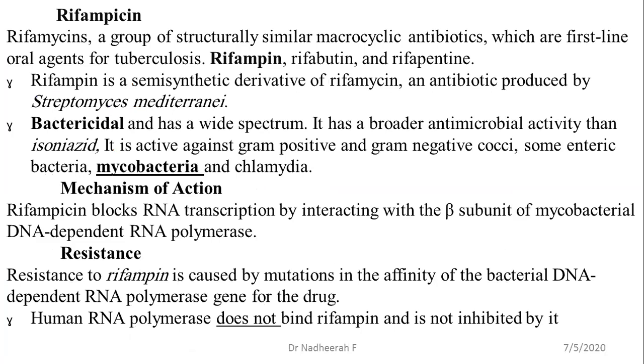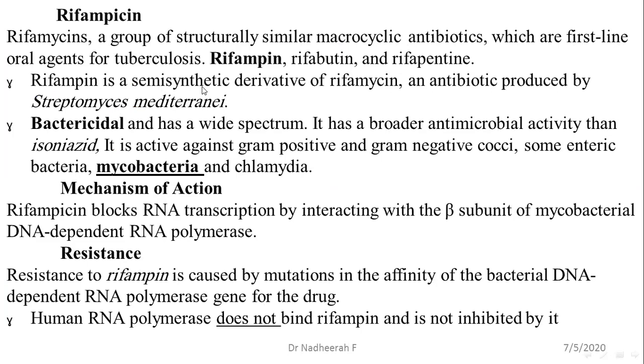The second first-line treatment is rifampicin. Rifamycins, a group of structurally similar macrocyclic antibiotics, are first-line oral agents for tuberculosis: rifampin, rifabutin, and rifapentine.